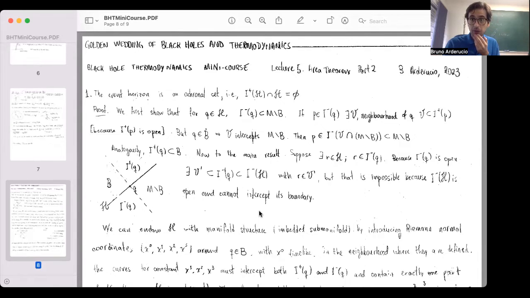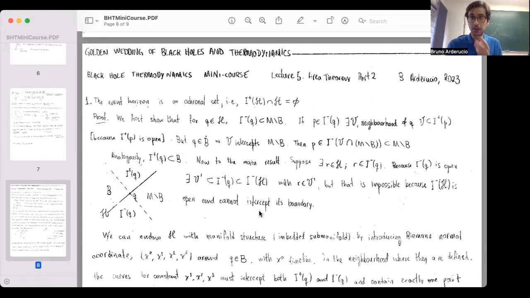Now you might feel that we are getting really close to the area theorem, because as I mentioned on Monday, if you have a congruence of null geodesics, and they possess a pair of conjugate points, say P and Q to be concrete, then there is a time-like curve connecting P and Q. Well, that's the same as saying that the null geodesics I started with are not achronal.